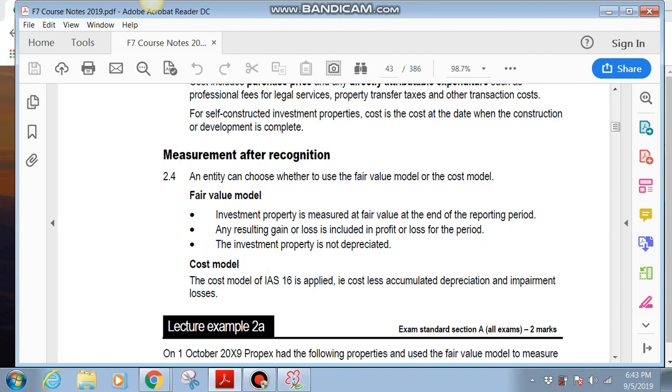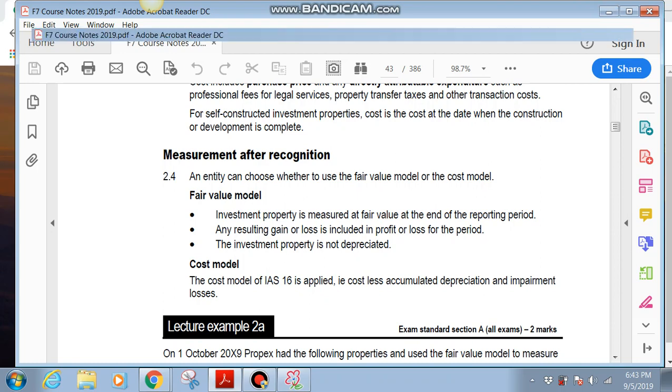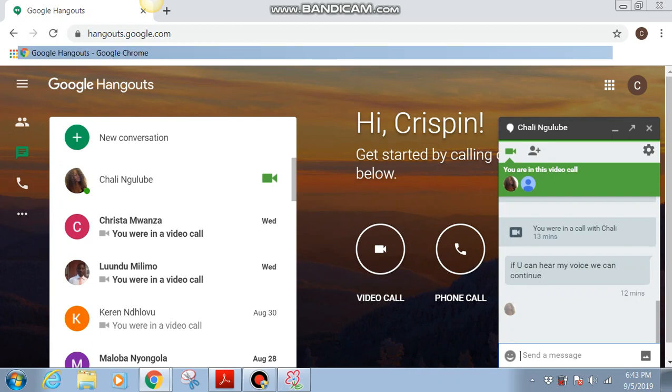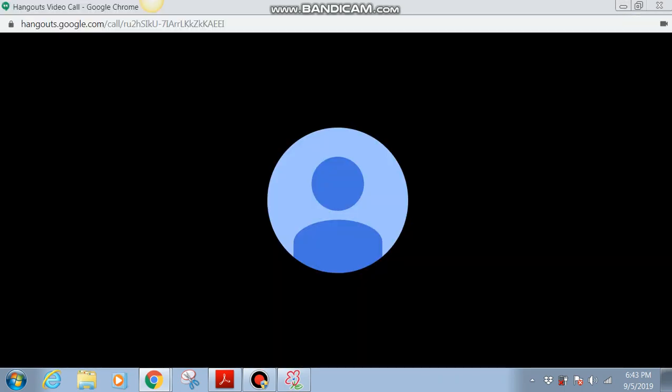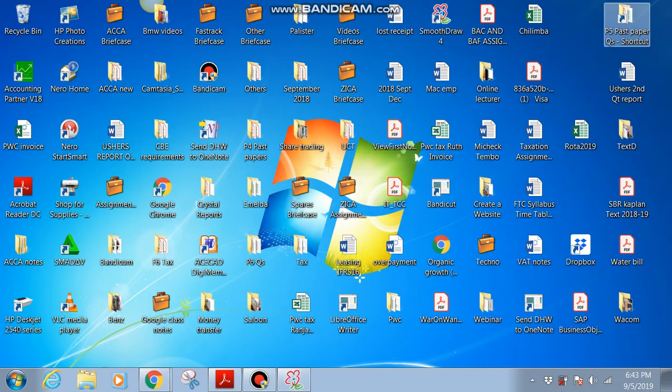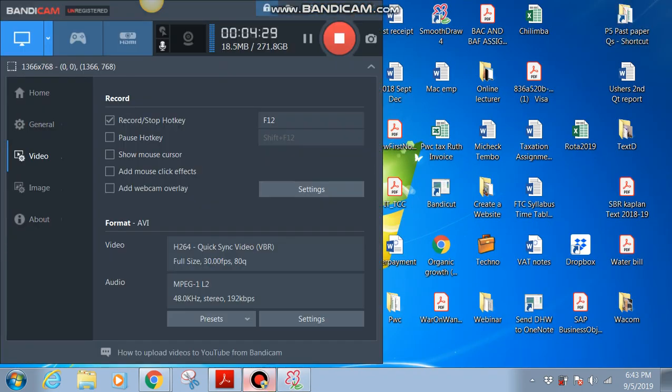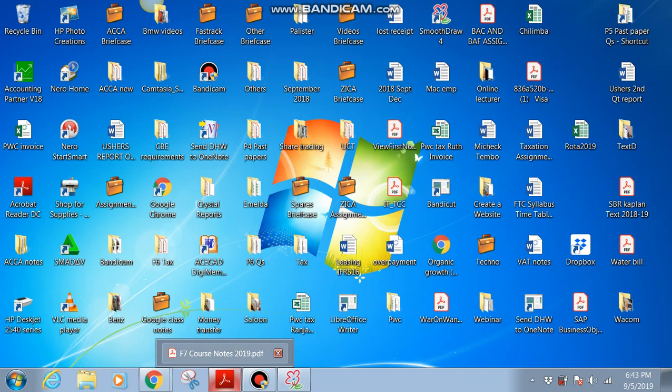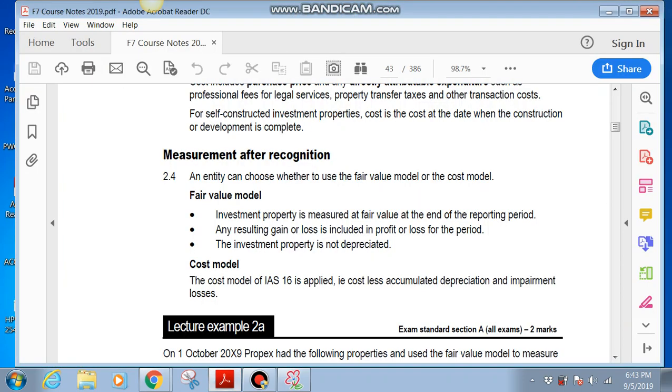Even after revaluation, the gain will go to revaluation reserve. But for investment property, they all go to P&L.